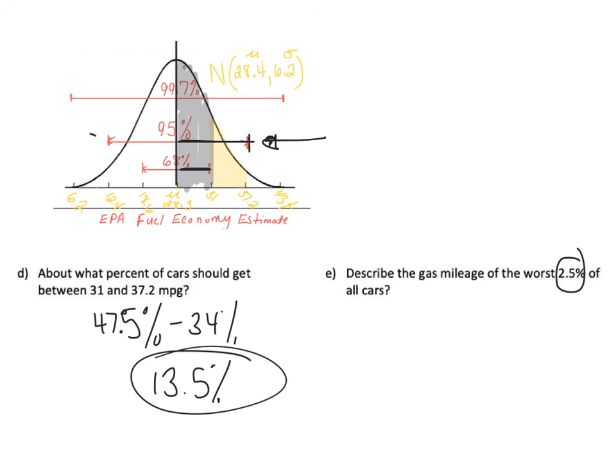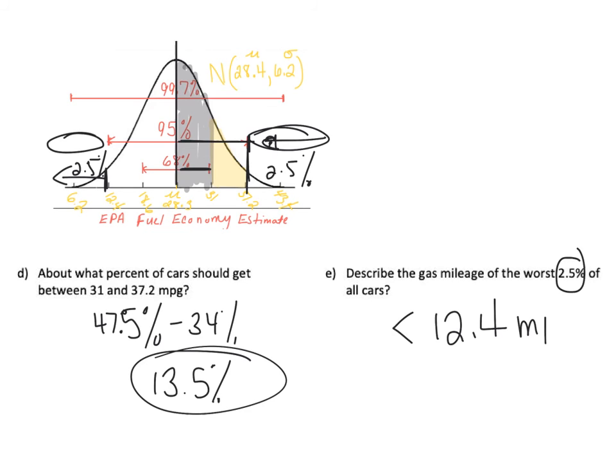So that means there's 2.5% on the left and 2.5% on the right in this interval, and this direction would be your other 2.5%. It has to be the left side because it says describe the worst gas mileage. So it would be less than 12.4 miles per gallon, or the cars would get less than 12.4 miles per gallon.